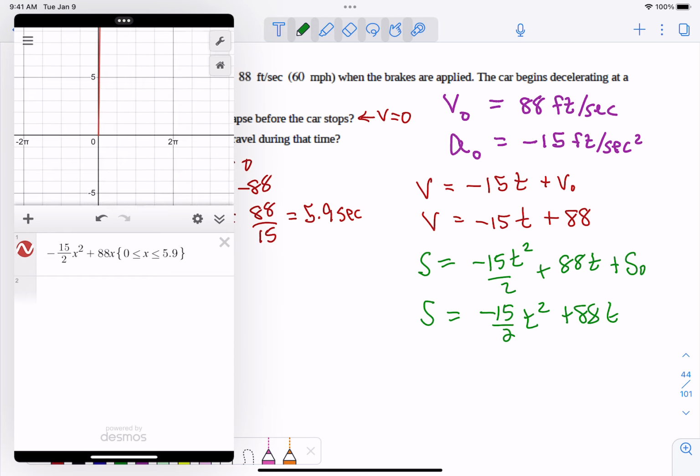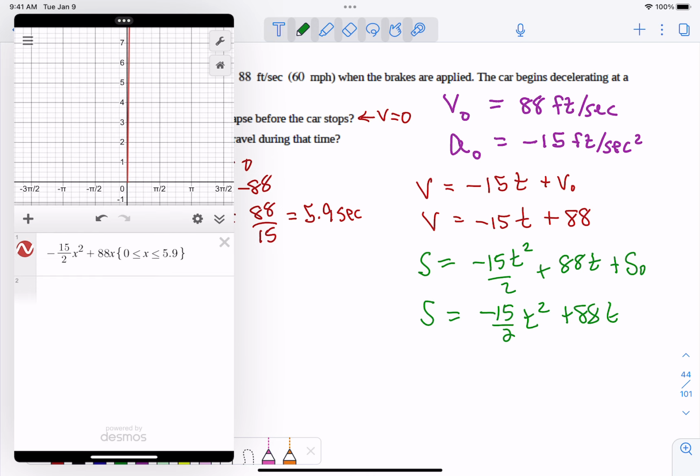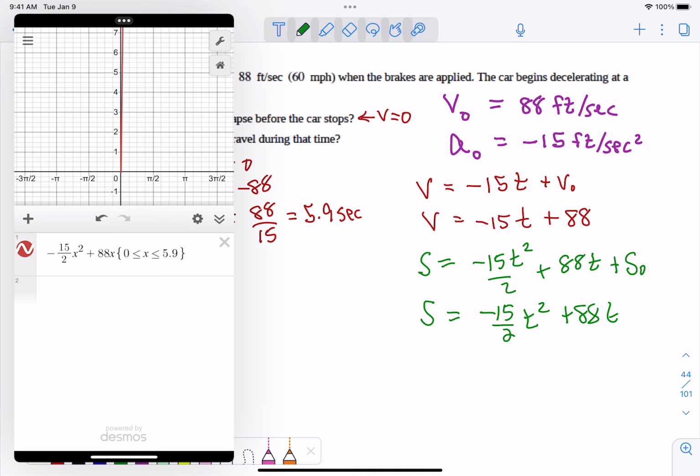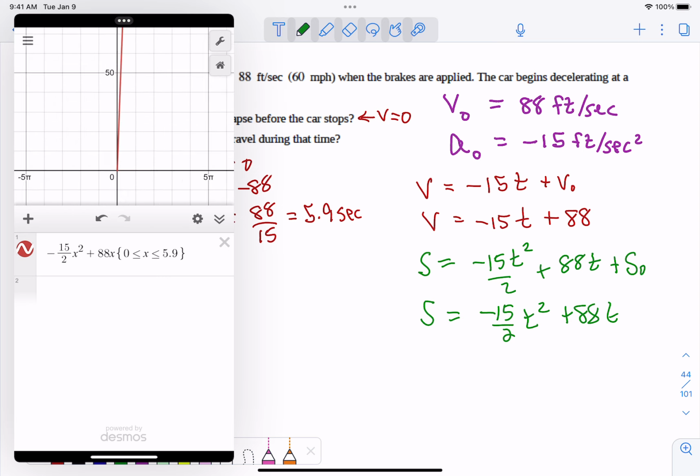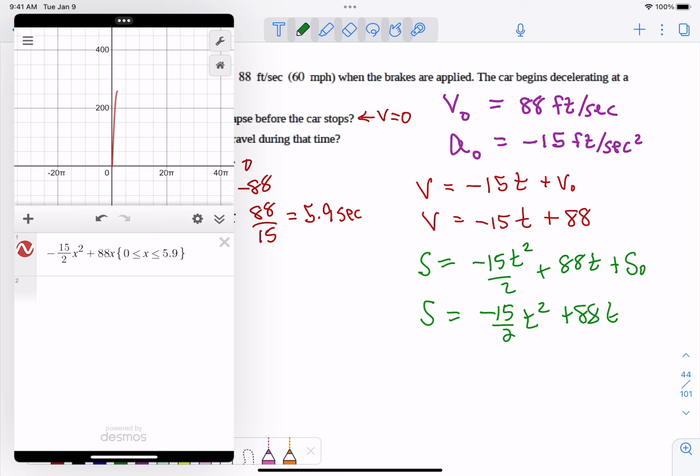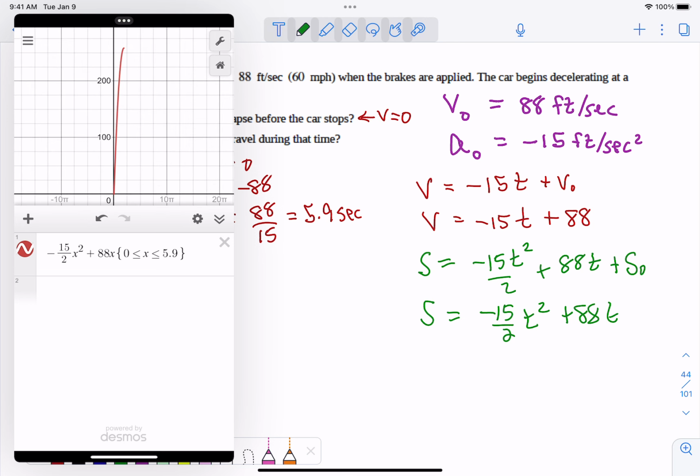There we go. Do you see how all of it is positive? Okay. So it is traveling from a position of 0. That's what we're considering our starting point. And then that value at the top is right at the point that it's going to stop, 5.9.